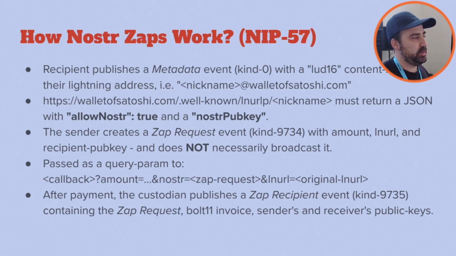You see the custodian service, the wallet. Obviously, it could be your own custodian, but basically the custodian service publishes an event that contains another event inside it to prove that the payer intended to pay and the custodian actually received the funds.